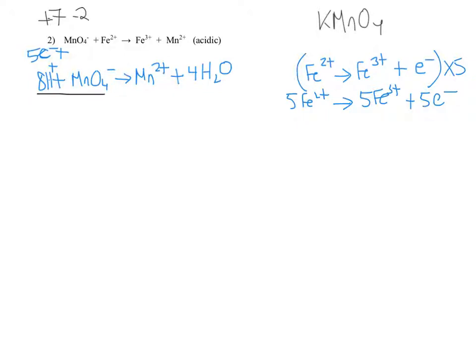Step 7 says to add my half reactions together and cancel any like terms. So that means I'm going to add all my reactants together. Then I'm going to put an arrow, and then I'm going to do all my products together. So let's do that. Do it in different colors so it's easier to see.